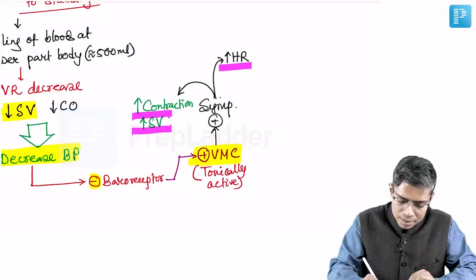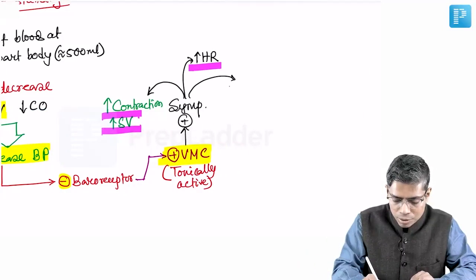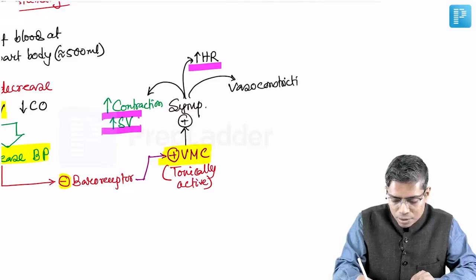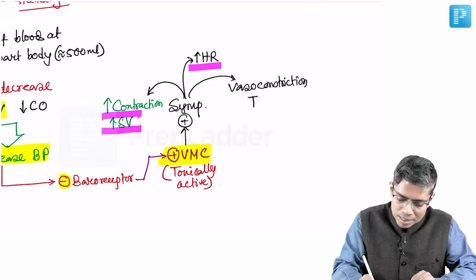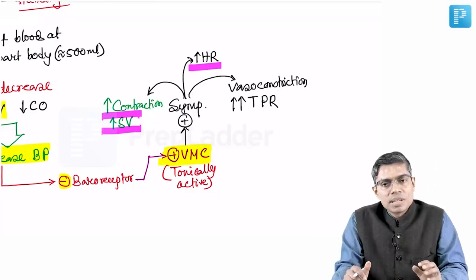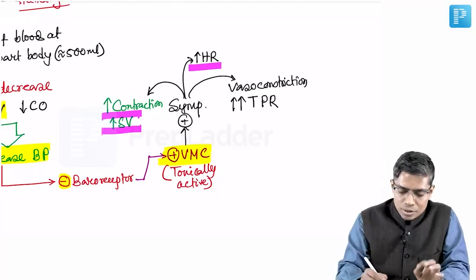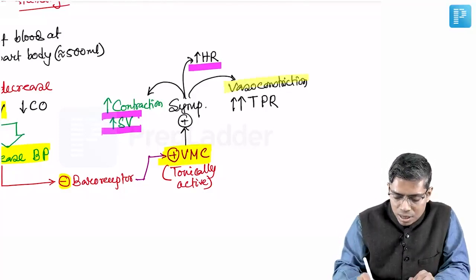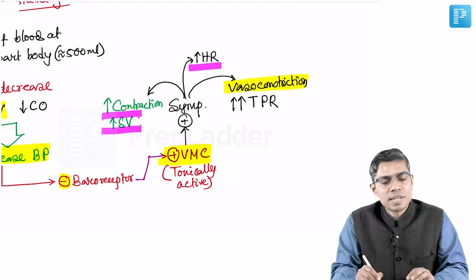Not only that, the sympathetic system also causes vasoconstriction. So if there is vasoconstriction, what will happen to the TPR, or total peripheral resistance? It is going to be high. Increased TPR. And vasoconstriction means there will be constriction of the arteriolar system as well as the venous system.